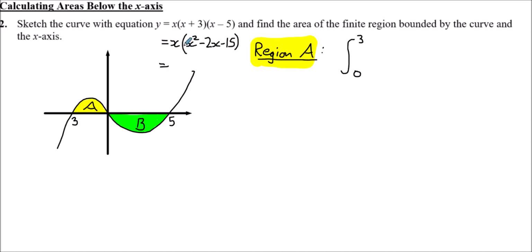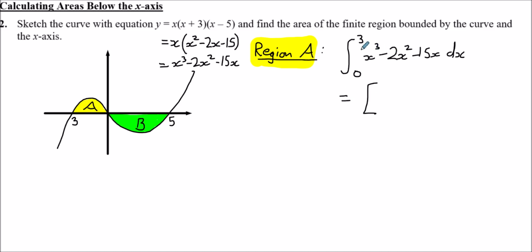Then multiply all of this on the inside by the x on the outside, gives us x cubed minus 2x squared minus 15x. So that's what we're going to be integrating between 3 and 0. So x cubed minus 2x squared minus 15x with respect to x.